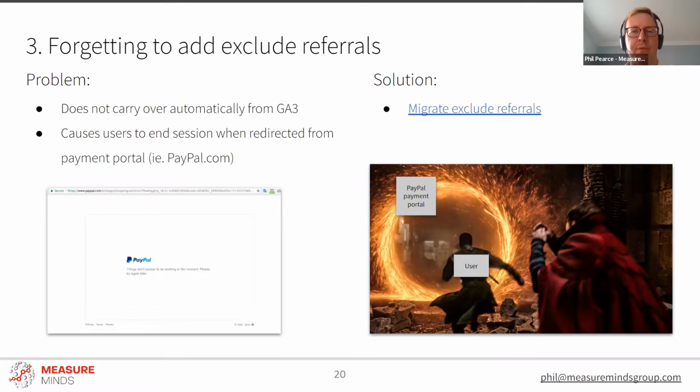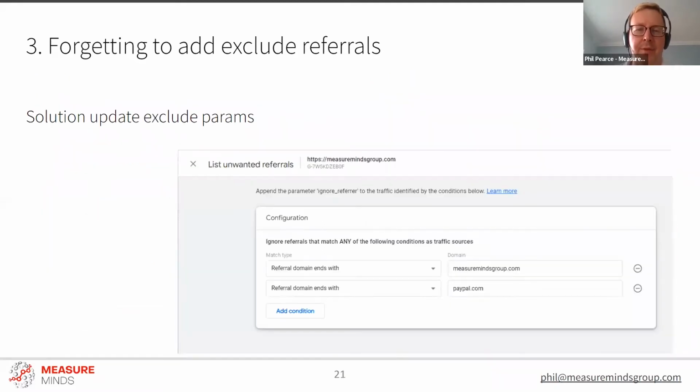So super, super important. Your data pretty much becomes useless if you don't add this setting. Unfortunately GA4 doesn't import your GA3 exclude referral settings, so you have to physically go in and add them.